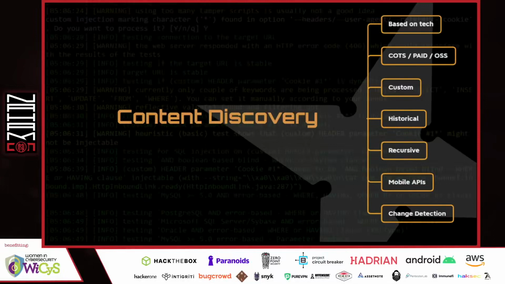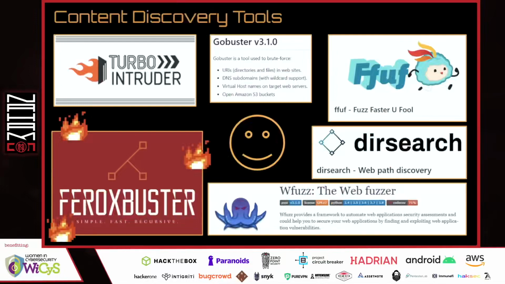There are about seven different things that I like to talk about when it comes to content discovery that are tips, tricks, or things you need to know, so we're going to dive right into them. First off, we're going to talk about content discovery tools. You can see that I have a preference right now with the fire icons in the lower left corner, and that's okay, but I'm going to talk a little bit about each of these.